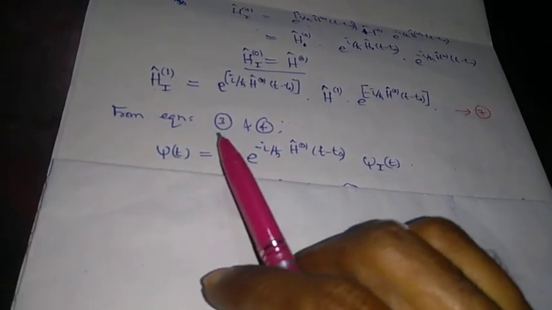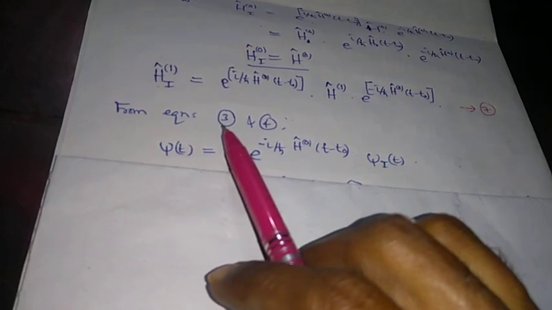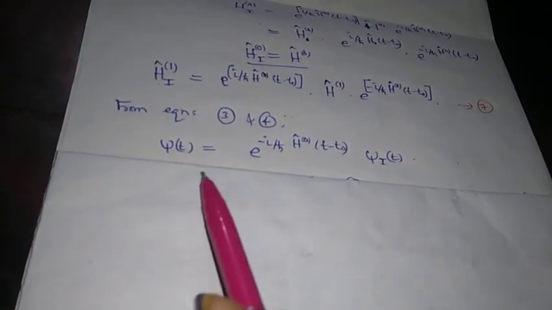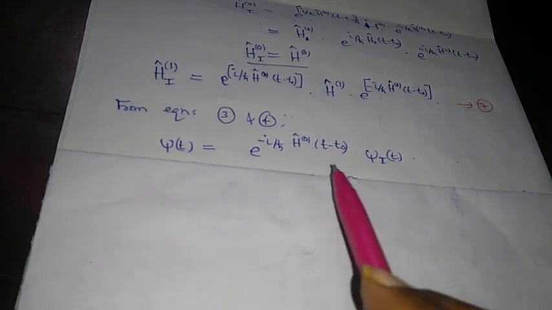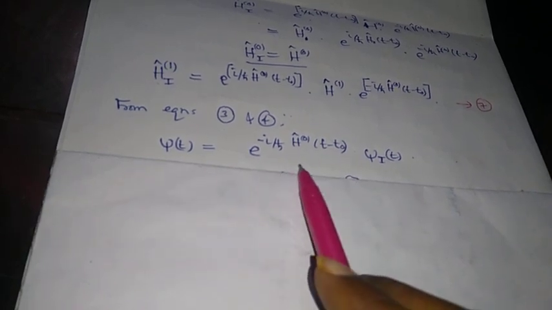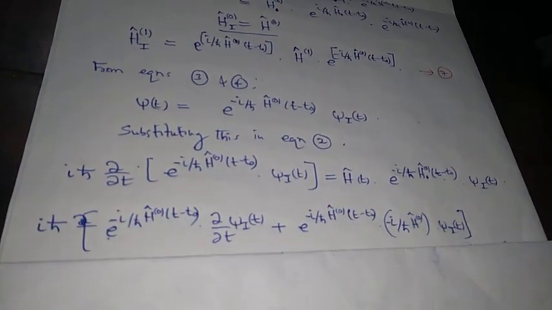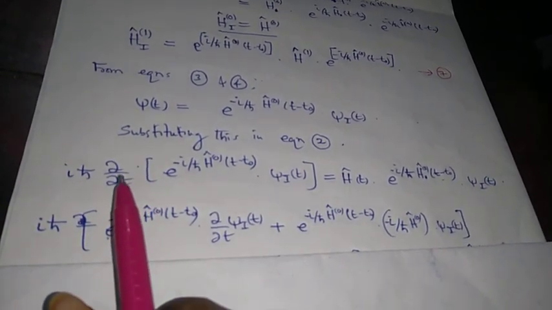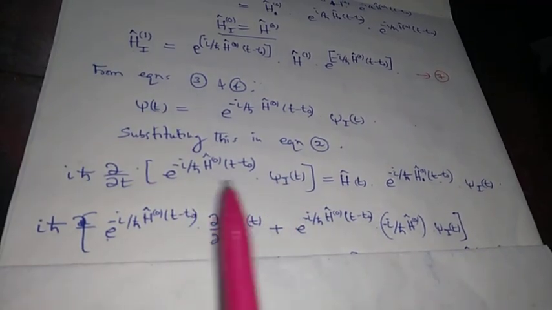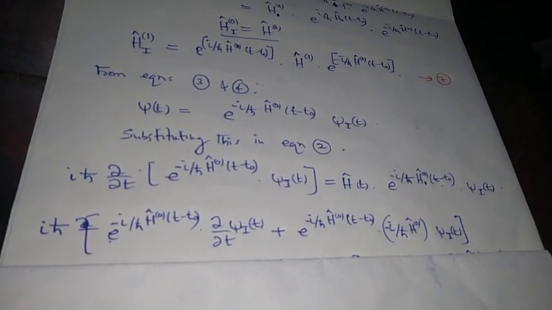So from equations 3 and 4, we can write down psi t as this exponential factor and then psi sub I. And if we substitute this in equation number 2, which was Schrodinger's equation for psi t, we get this thing here. And then if you do the partial differentiation with respect to time for these two terms, we'll be getting this and this.